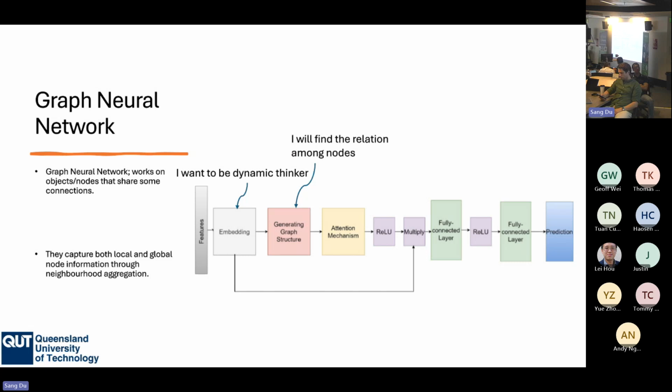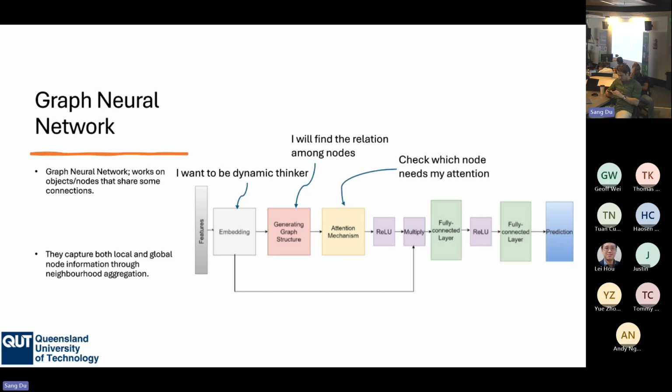The next layer is the graph structure. It's an n by n matrix that represents the relation among nodes. It's weights that represent the relation among different nodes.